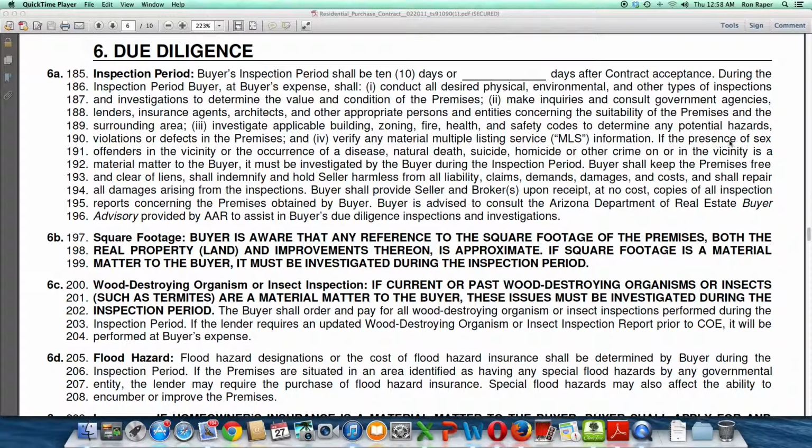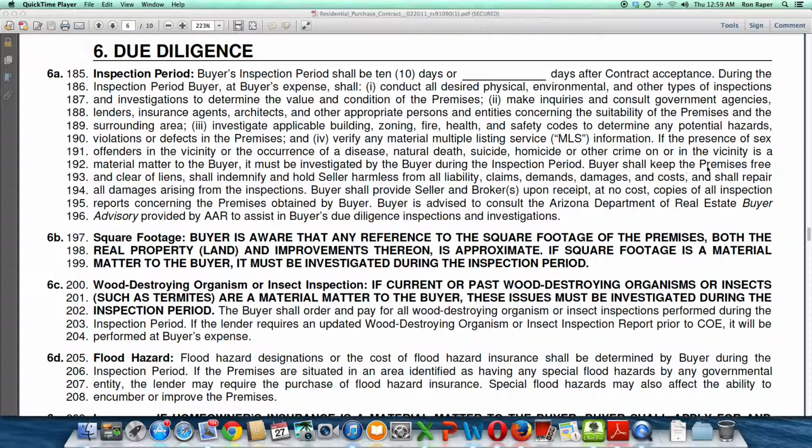If the presence of sex offenders in the vicinity or the occurrence of a disease, natural death, suicide, homicide, or other crime on or in the vicinity is a material matter to the buyer, it must be investigated by the buyer during the inspection period.